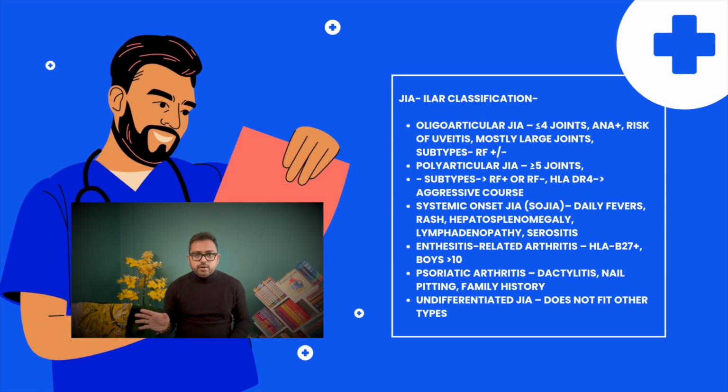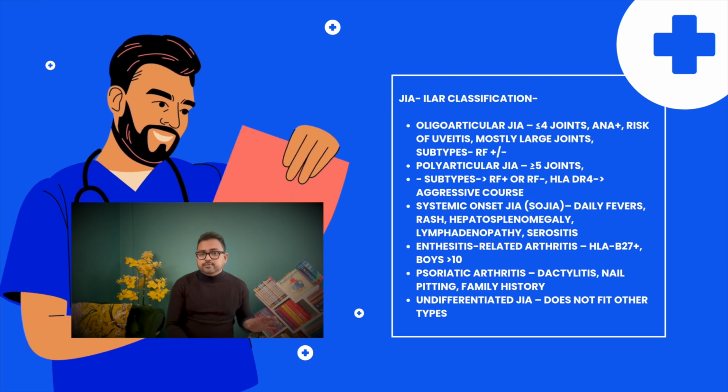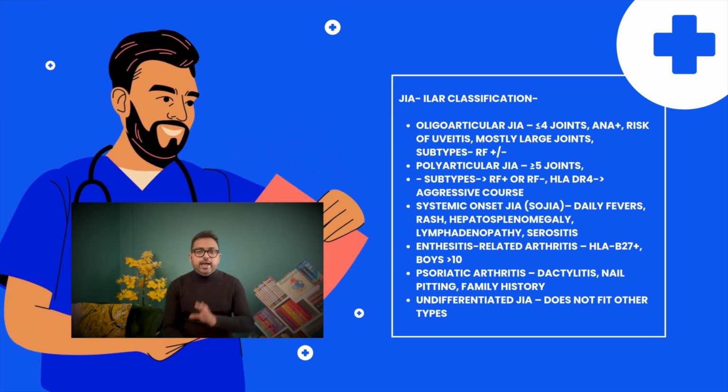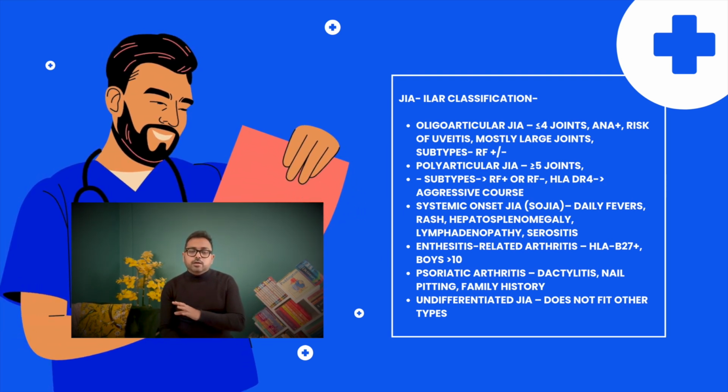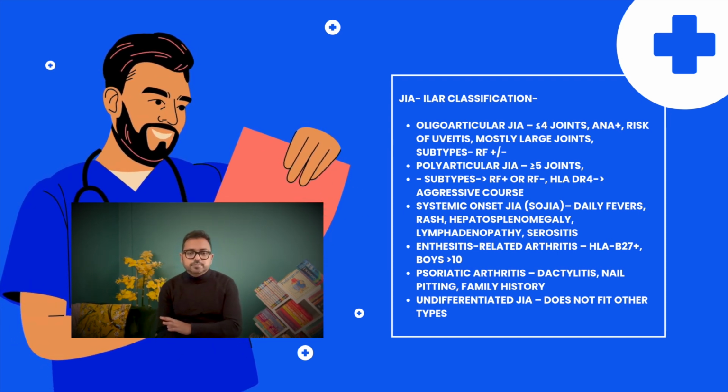According to ILAR, juvenile idiopathic arthritis is grossly divided into two parts. One is oligoarticular, another variety is polyarticular. Oligoarticular is when 4 or fewer joints are involved, and polyarticular is when 5 or more joints are involved.